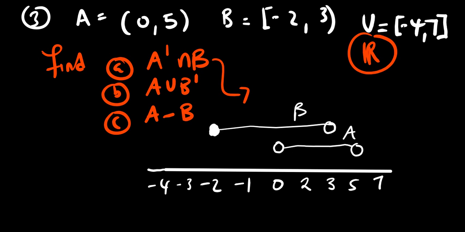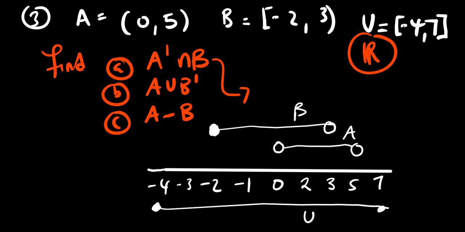Then our universal set is from -4 to 7. Now -4 is included and 7 is included, so everything from here to there is the universal set. So these are the sets that we have.